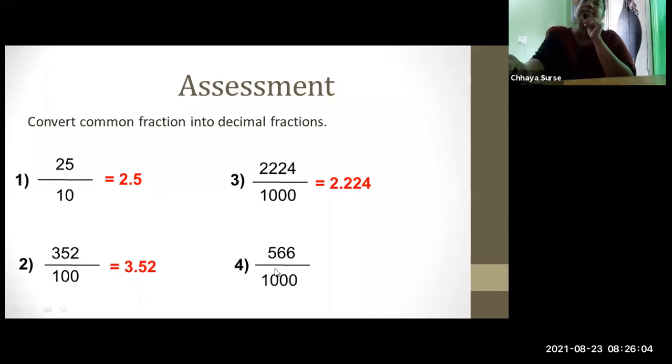Now 566 becomes 0566, and we give the decimal point before 3 digits because the number of zeros is 3.